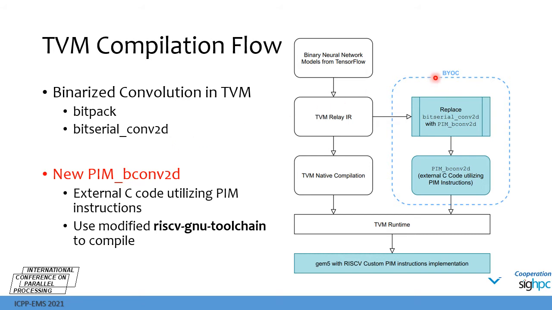We will use BYOC to replace the bit serial convolution 2D, because this is the actual computation for the convolution. The new PIM bitconv 2D will use external C code to utilize the processing in memory instructions. This C code needs a modified RISC-V toolchain to compile. Finally, the compiled model will run on the gem5 simulator with RISC-V custom instruction support.